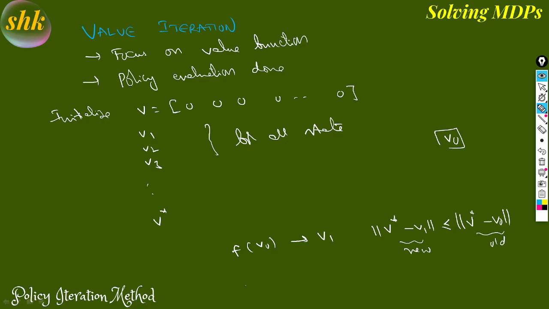In k plus 1, we will write v star minus vk plus 1. If the difference is equivalent to 0, then we can consider vk plus 1 is the optimal value function, because if in k plus 1 you get the optimal value function, then the difference between these two is going to be 0.